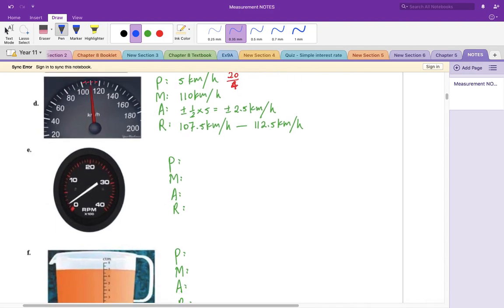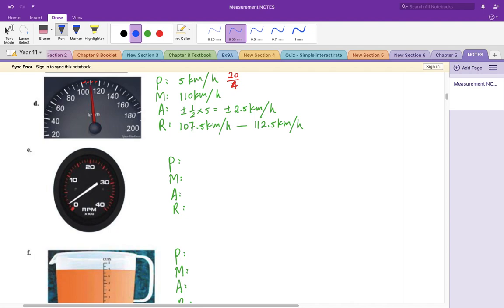This is a thing showing revolutions per minute, so how fast the engine is working. And it says times 100. So every number actually stands for just the first part of that 1,000 number. So if it's 10, that means it's 10 times 100, 1,000, 2,000, 3,000, 4,000 revolutions per minute.